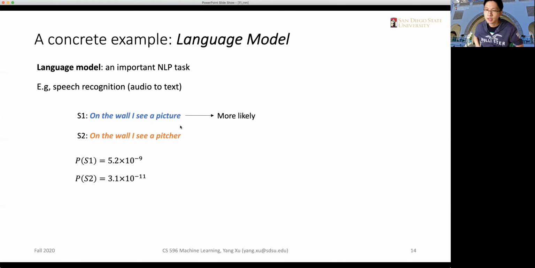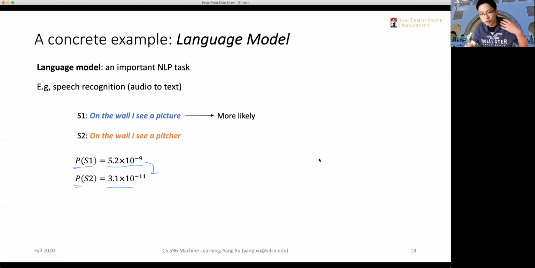For example, given the language model, we are able to output probabilities. The capital P here indicates the probability of a sentence. In this case, the probability for the first sentence is 5.2 times 10 to the power of -2, which is a very small value, but it is still much bigger than the probability of the second sentence.